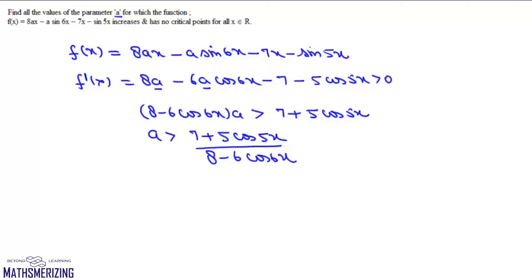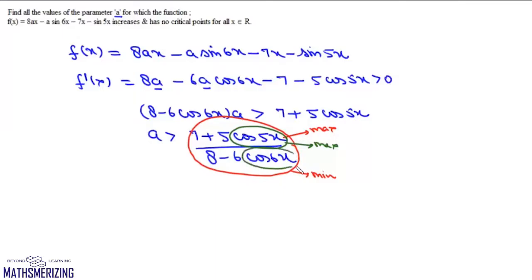Now if a is greater than this function, then it should be greater than the absolute maximum value of this function. It will have its maximum value when this numerator is maximum and when this denominator is minimum. Now this numerator will be maximum when cos 5x is maximum, and when 8 minus 6 cos 6x will be minimum when this cos 6x is also maximum.